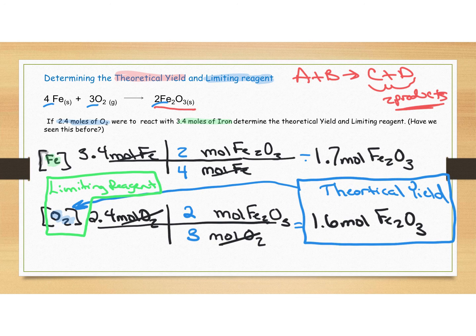Now, had this 1.6 been a 1.9 instead, I would have picked the top one, 1.7, as my theoretical yield. Then iron would have been my limiting reagent. So it helps to keep these in line. That way you can determine what your limiting reagent is based on your theoretical yield.